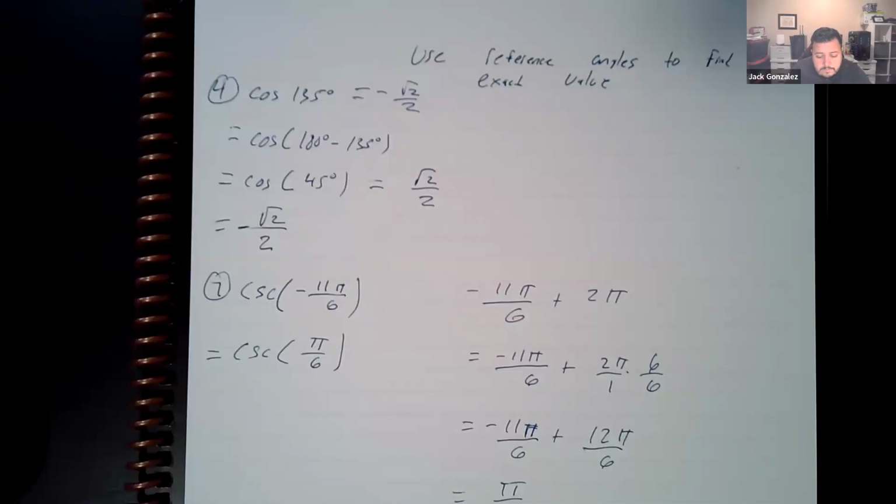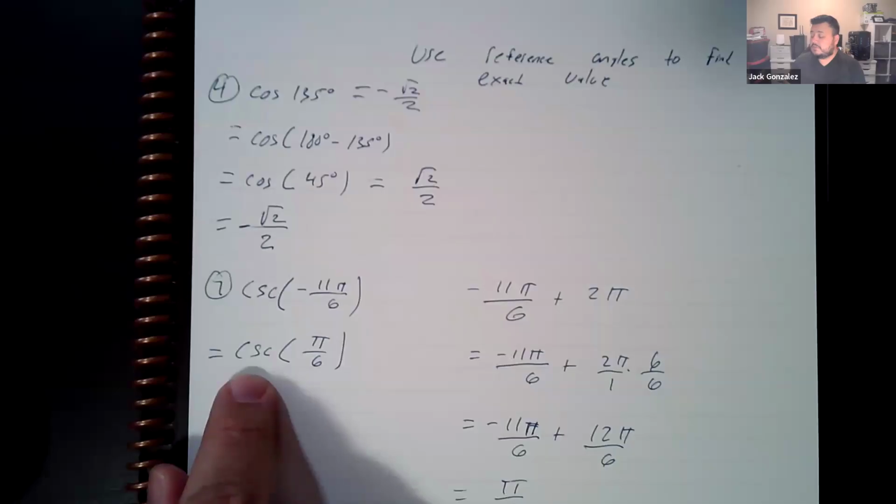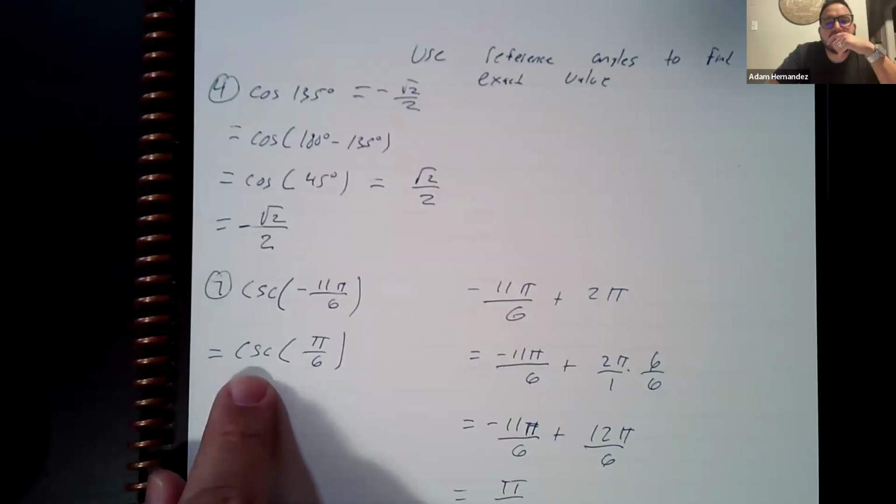So what would that be? One half. Well, what is this? Cosecant would be the 1 over sine, right?